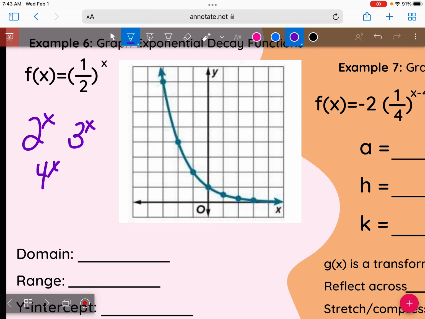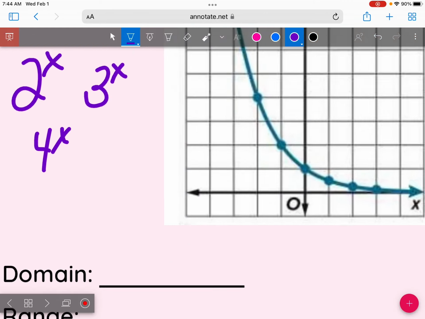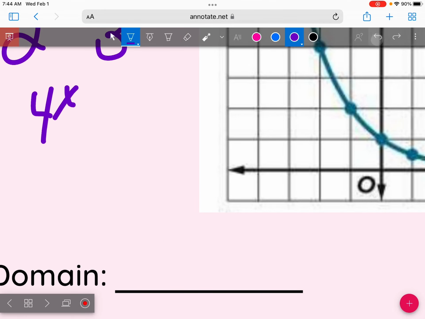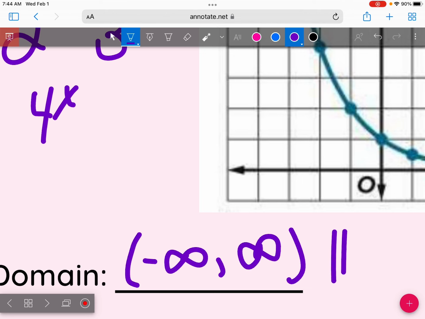Where is it going? Sorry, I'm getting my range and domain mixed up. Where is it going in your positive x direction? It's going to keep going towards positive infinity. Yep. So our domain is all reals, okay? Which you can write as negative infinity to positive infinity, or you can write as the fancy R.